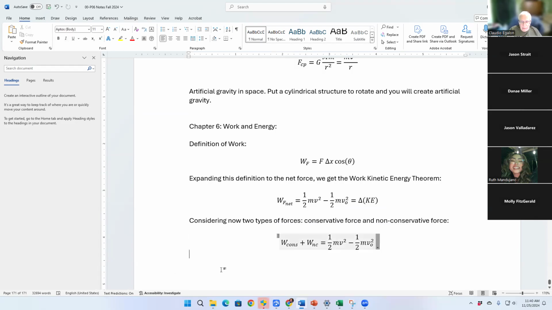But we also defined that conservative forces have a so-called potential energy, right?